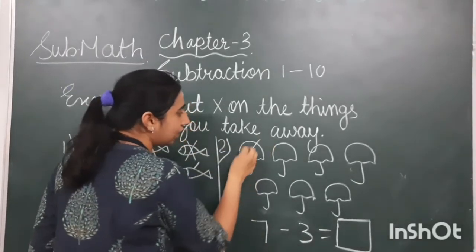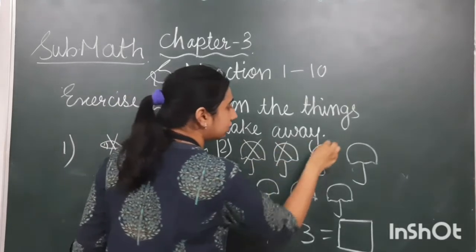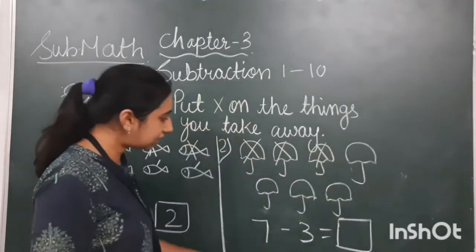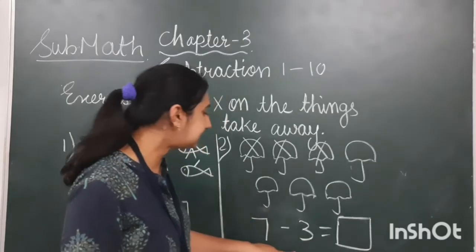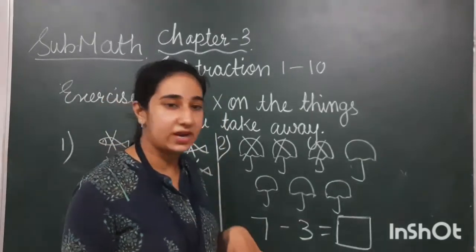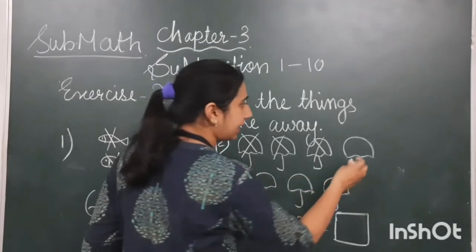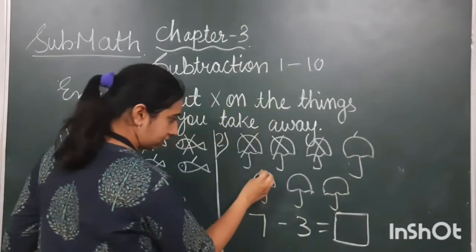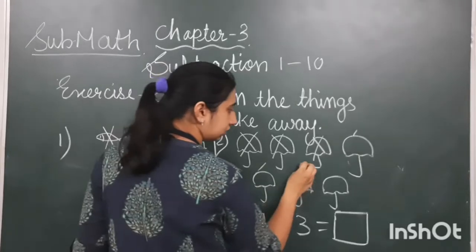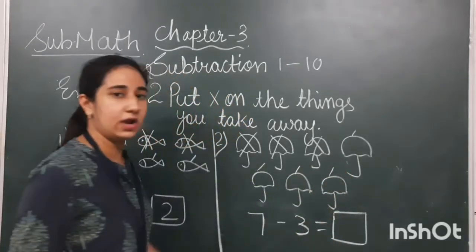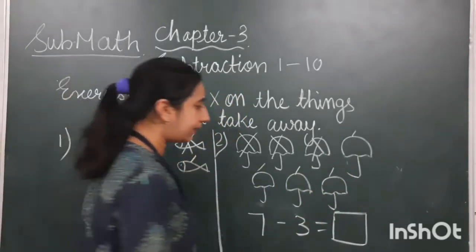I will cut 3. 1, 2, 3. The number which is written on second place, that is taken away. So we will cut that much. Remaining numbers of umbrella 1, 2, 3 and 4. Now 4 umbrellas are remaining.